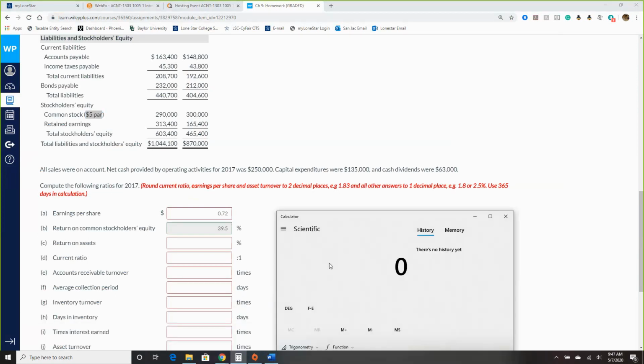So let's try that again. So we have 290 divided by 5. Shows us what, 58,000 shares. And we have 300,000 divided by 5. So we have 60,000 shares.